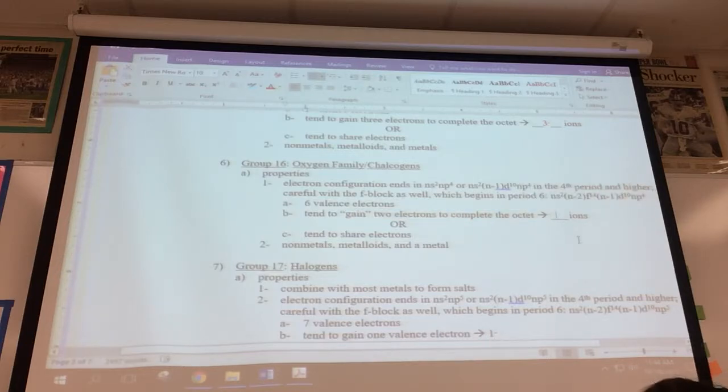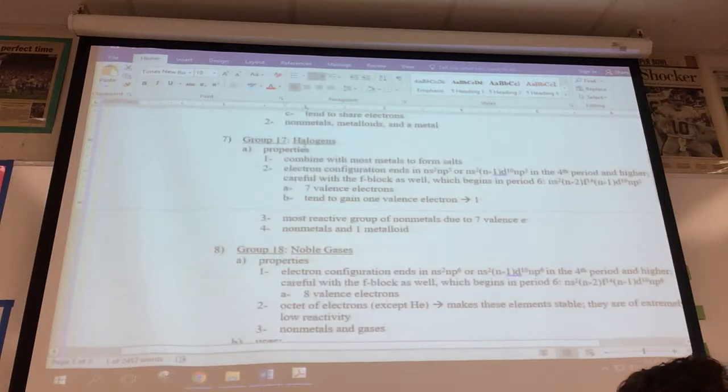So this group is going to form ions with a 2- charge, or they will share. And again, you have every variety there, because in group 16, oxygen and sulfur and selenium are nonmetals. Tellurium is a metalloid and polonium is a metal, so you have everything there.